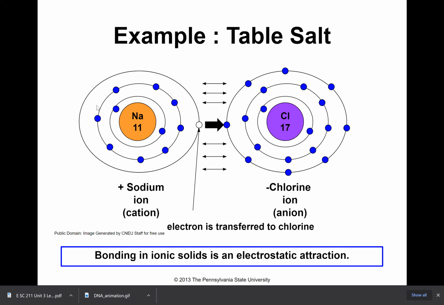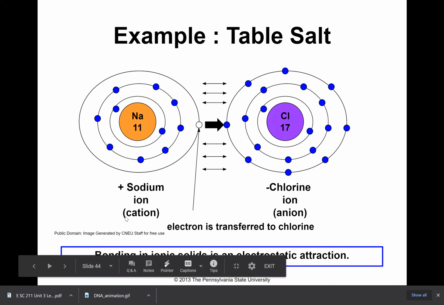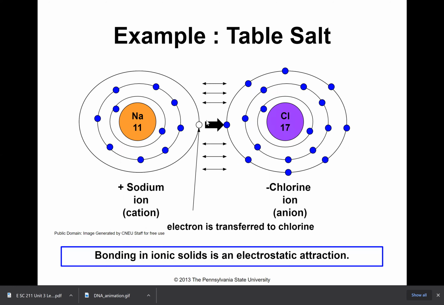You guys know, or seniors know, that sodium, which has one valence electron, tends to lose that, right? It's easier to get rid of one than gain 7, so you could have the octet in the outer orbital. So it's easier to lose one. When it loses the one electron, it'll have a positive charge.